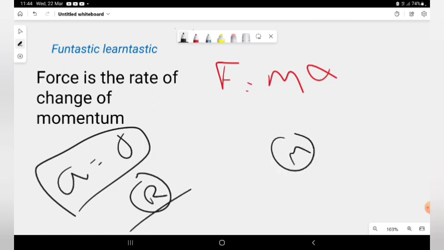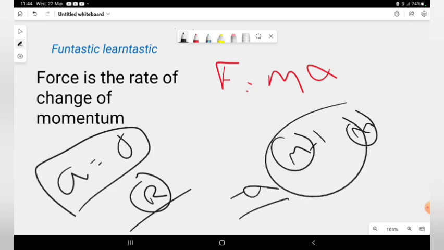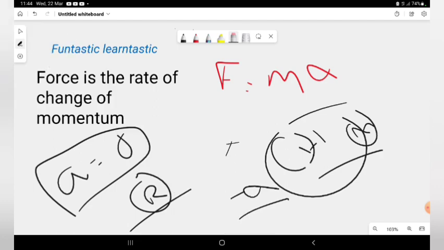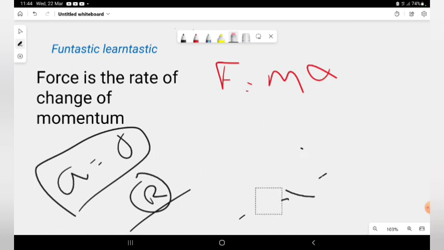But if it is in motion, and there is no acceleration, or in this context minus a, deceleration, if there is no deceleration, then it will not stop, it will continue to be in motion. So to prove the law of inertia, what we need is to prove that a is equal to 0.